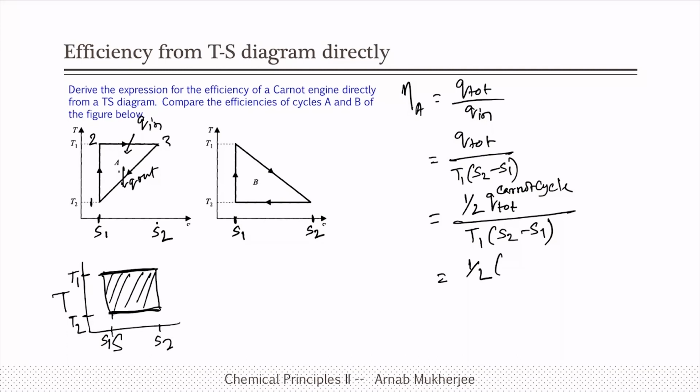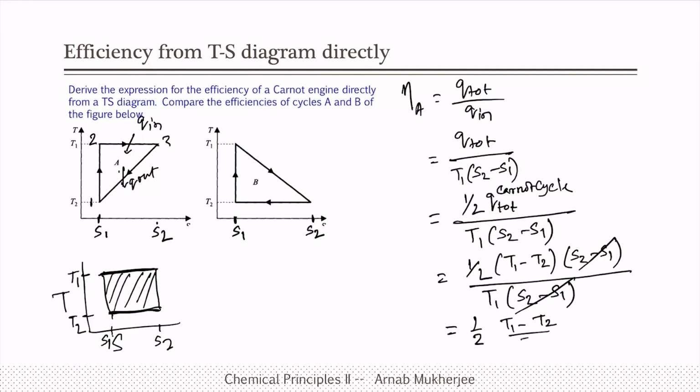Therefore, it is (T1 minus T2) multiplied by (S2 minus S1), divided by T1 times (S2 minus S1). S2 minus S1 cancels, giving us half (T1 minus T2) by T1, which is half of (1 minus T2 by T1).